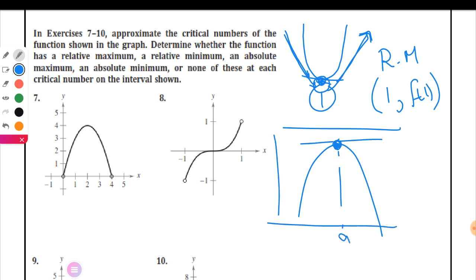Before it the behavior is increasing, and after x equals a the behavior is decreasing. The behavior changes from one case to another. So it increases until it reaches the greatest value, which we name a relative maximum. Here, relative minimum. Clear? Maximum.